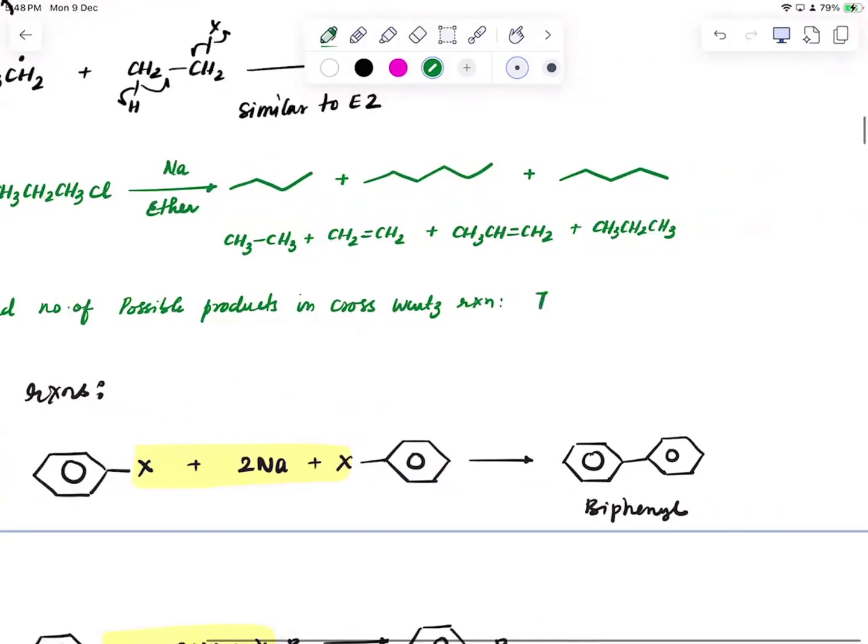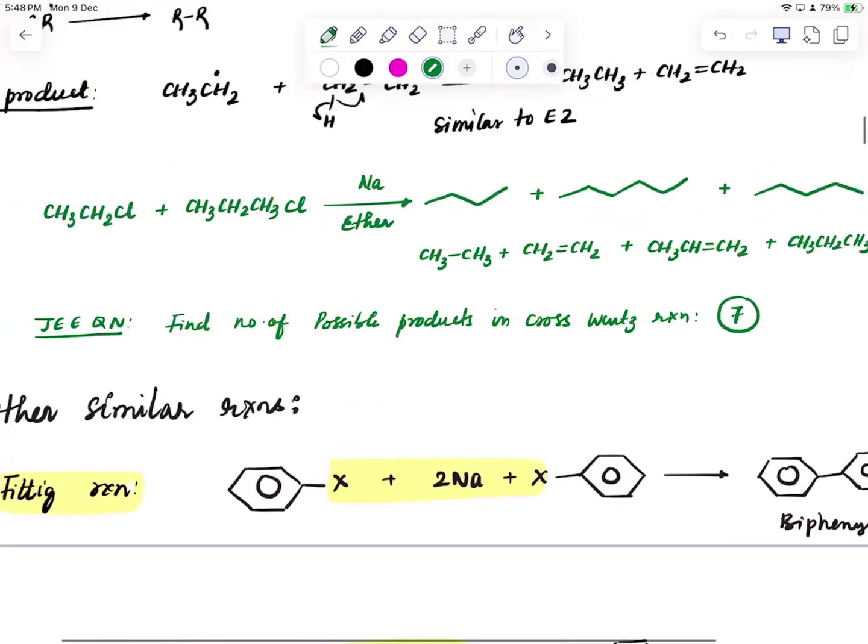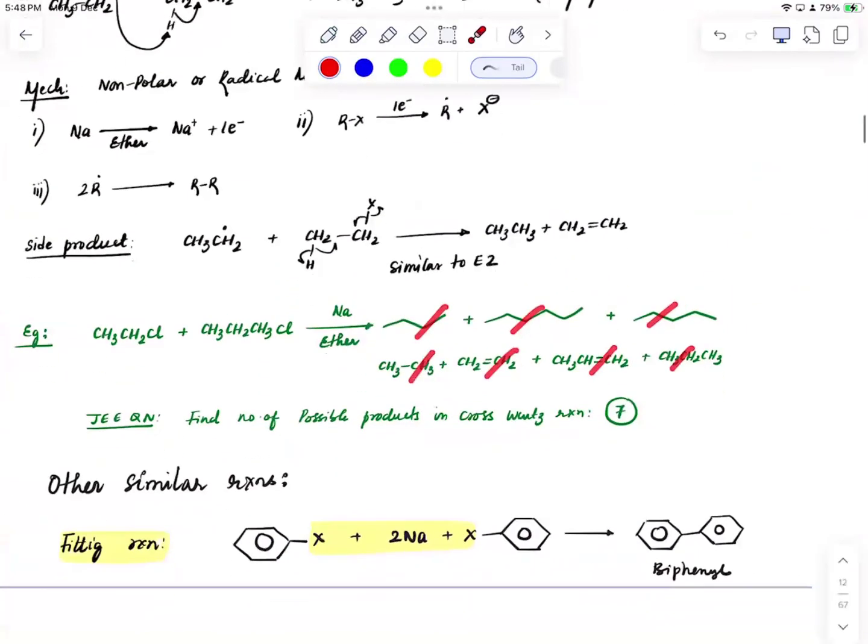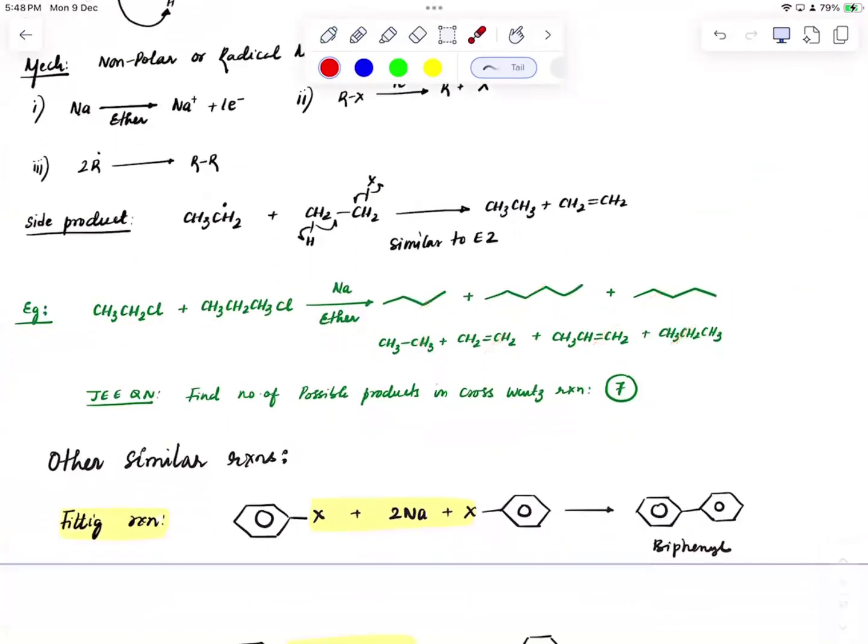So how many will we get? The answer is 7 in this case. So you can see how many? 1, 2, 3, 4, 5, 6, 7. Got it?